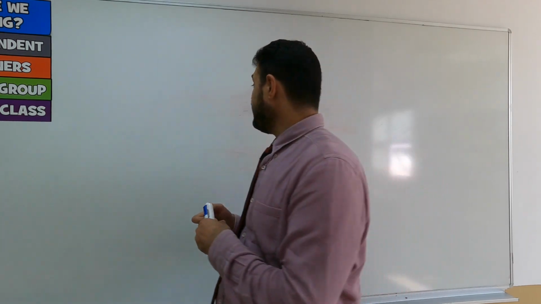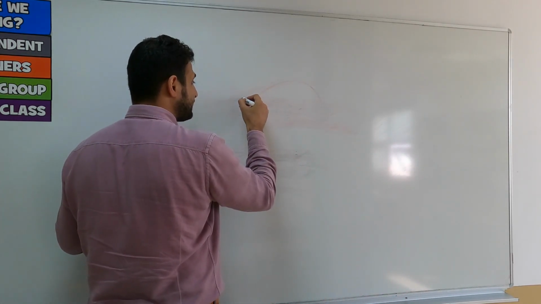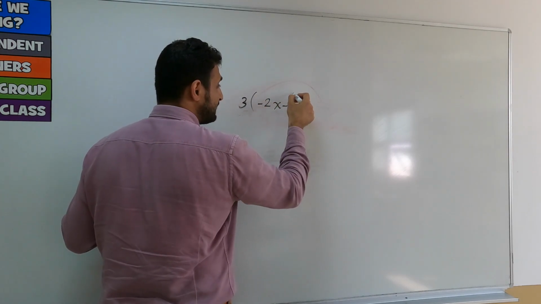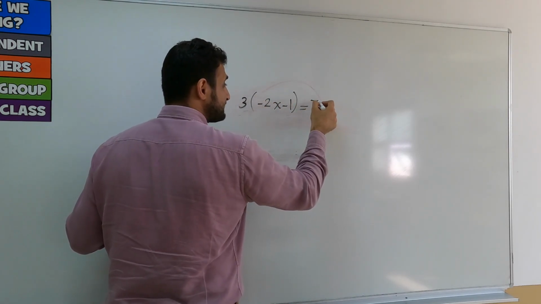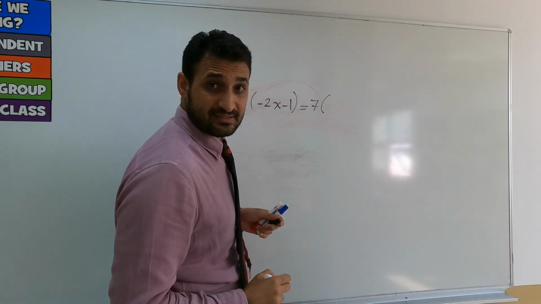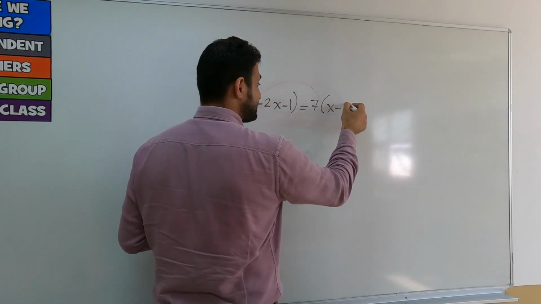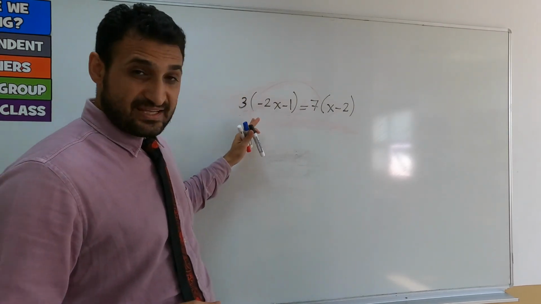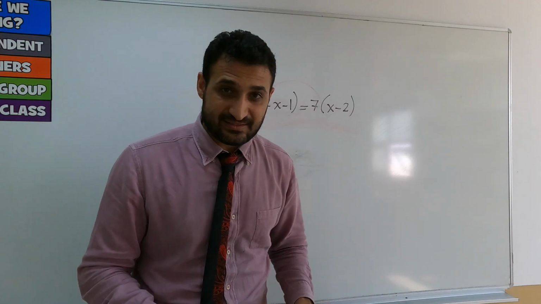So let me give you an example. 3 open bracket negative 2x minus 1 equals 7 open bracket x minus 2. So this is a complicated equation.